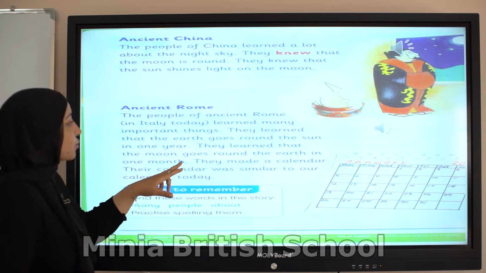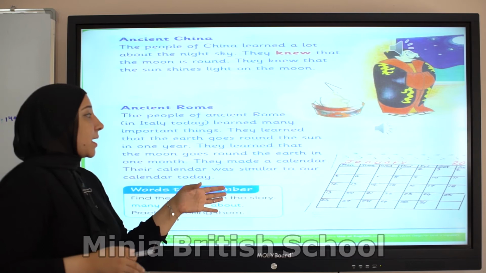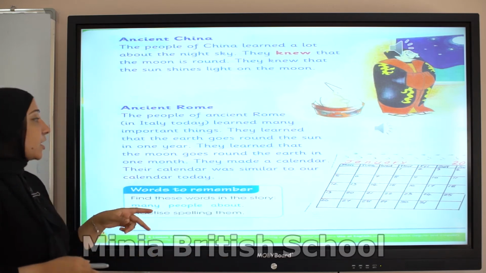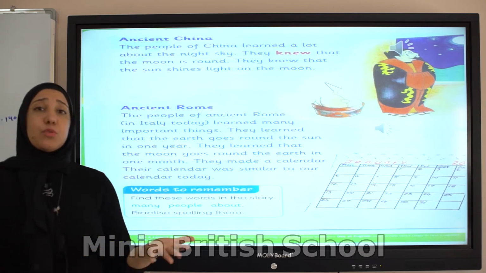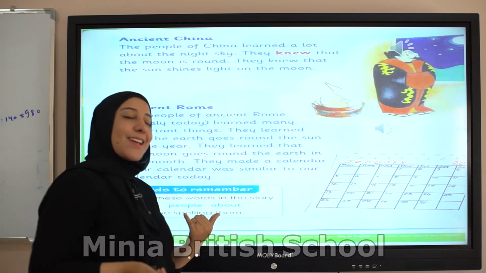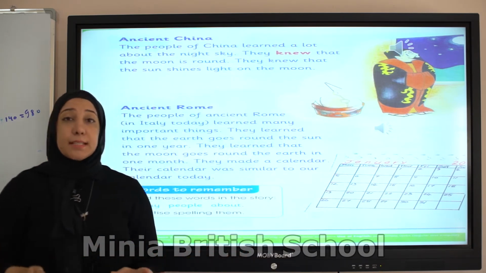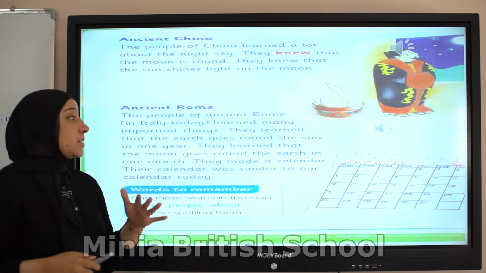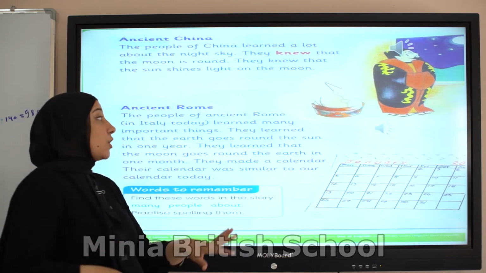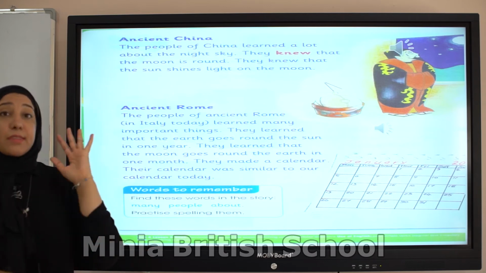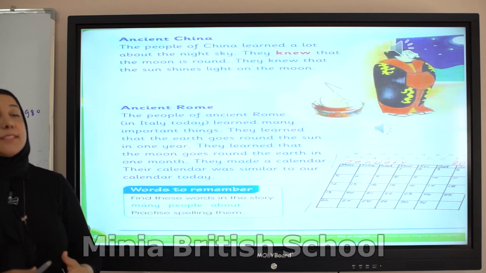Yes, the moon goes round the earth in 1 month. They made a calendar. Their calendar was similar to our calendar today. Do you know what we use the calendar for? Excellent. This is the shape of the calendar. It tells us the date of today. It tells us the day, the month, and the year. So, thank you to ancient Rome that they discovered the calendar and we still use a similar one until now.